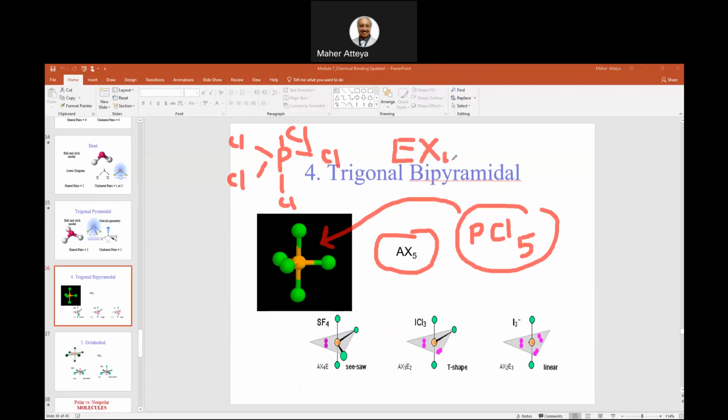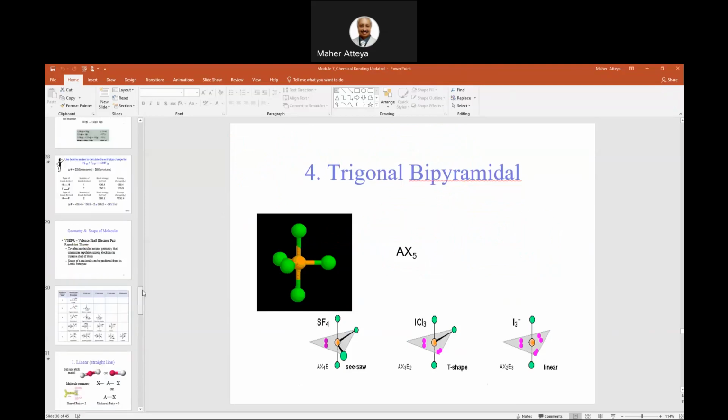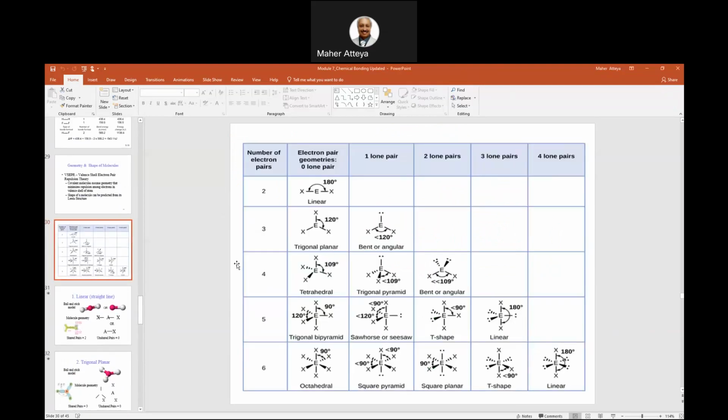We have 5. Do you have a lone pair? No, we don't have a lone pair. So EX5, I come to my table, EX5. I go back to my table all the time, so I have it handy here with me. It is 5 regions, correct? 5 regions, no lone pair. So trigonal bipyramid.